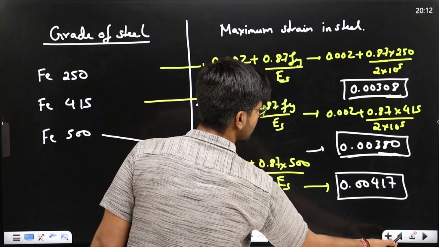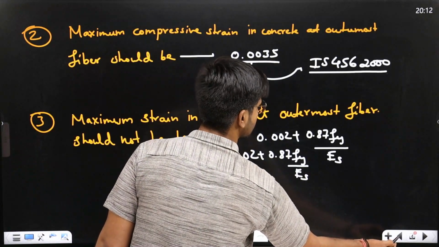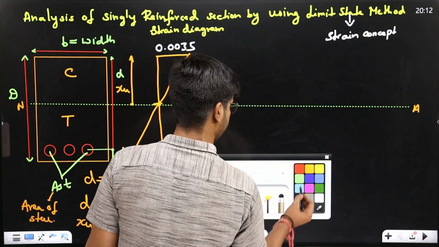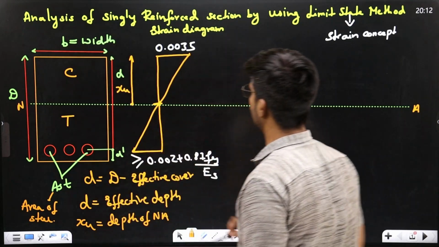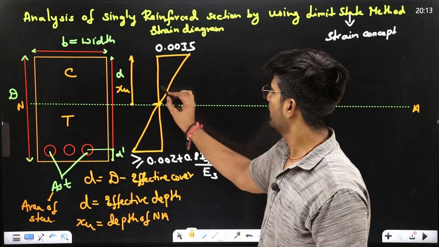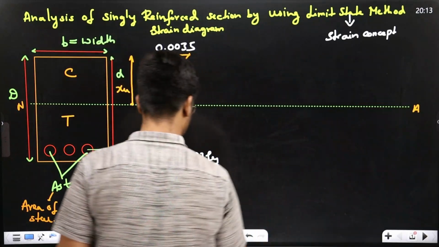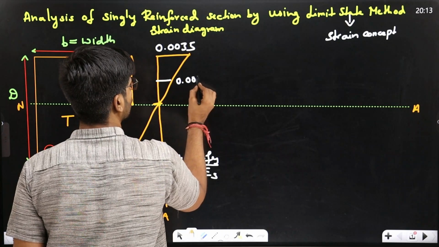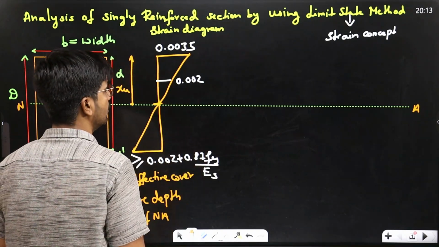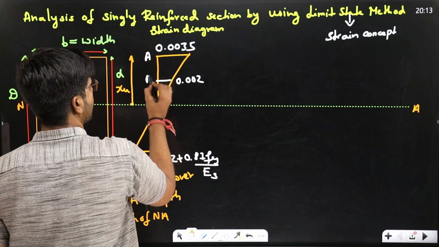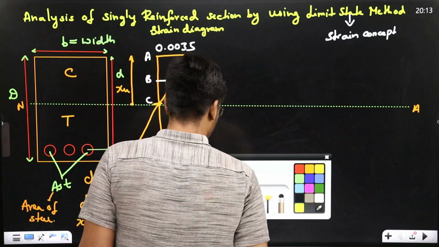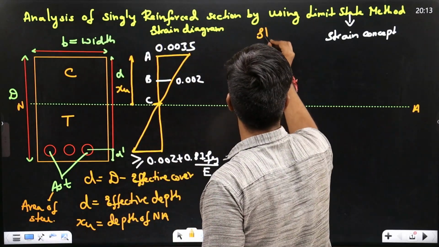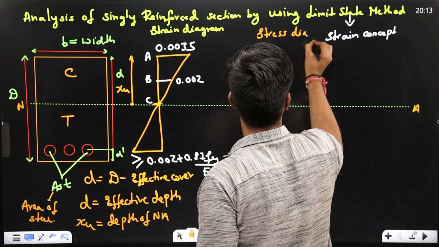Now I will show you the stress strain curve here. Your strain diagram, now the stress diagram. This is your 0.0035 strain value, and I will mention A, B, and C. Now what I will do is draw the stress diagram.